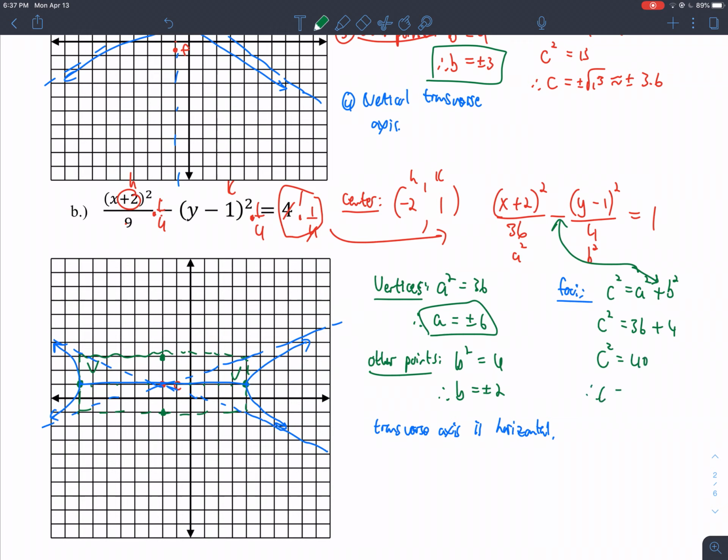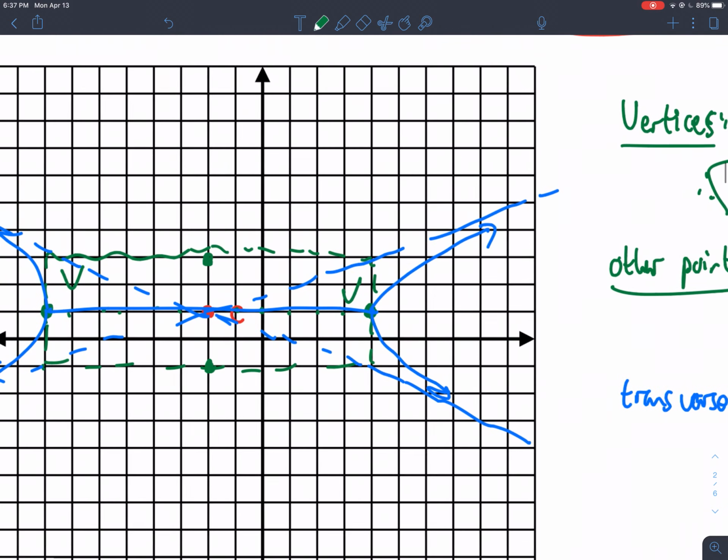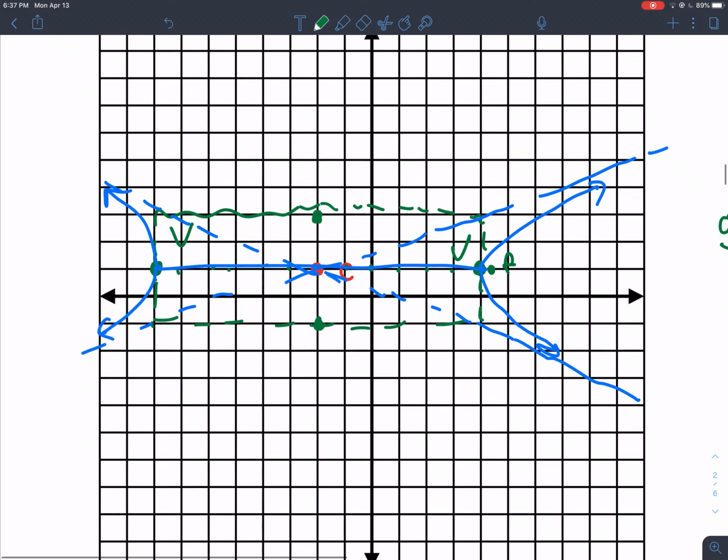So c is plus or minus root 40, which is about 6.3. So I got 6.3 units from the center. Those 6.3 units are about here, hard to draw accurately, just a third of that box.